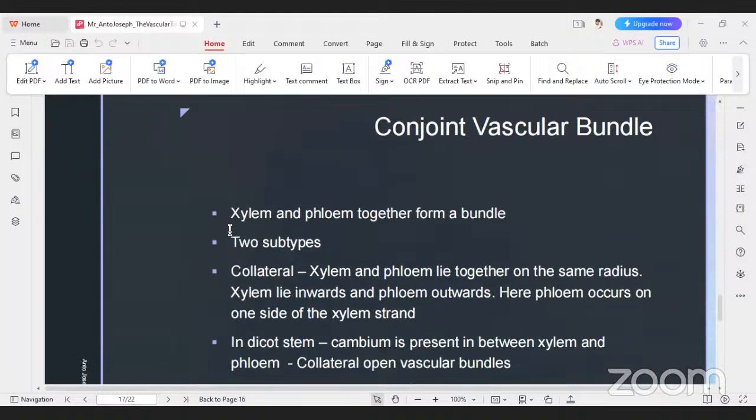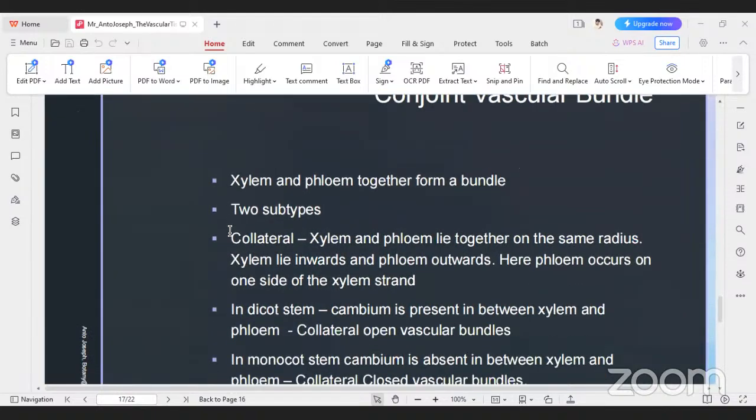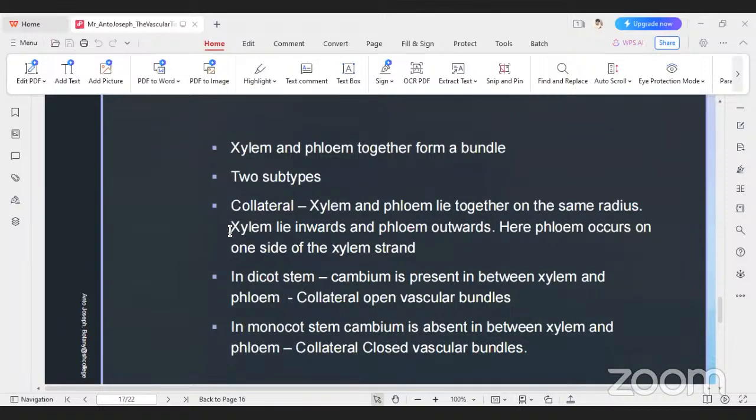Conjoint vascular bundle, closed and open type. What is conjoint type? Xylem and phloem together form a bundle. Two subtypes; one is collateral.